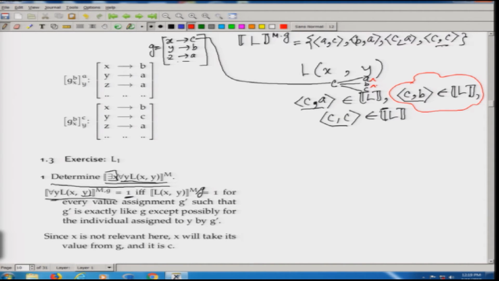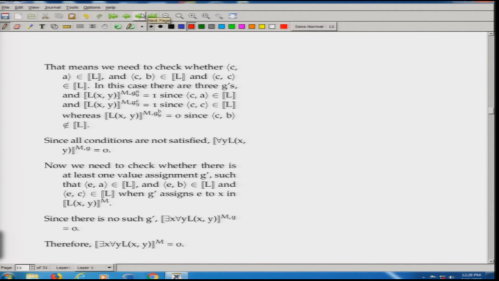That is, you must have the pairing C A and C B and C C. Since the proposition having AND is not true, we must say that since C C does not belong to L, this part is 0.